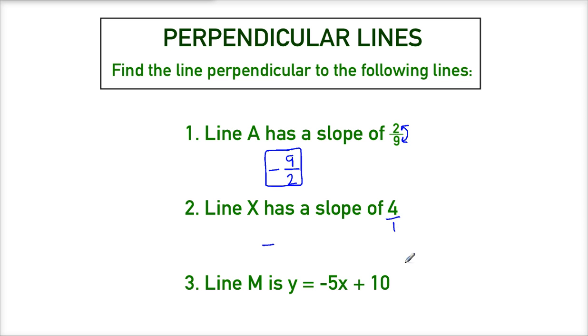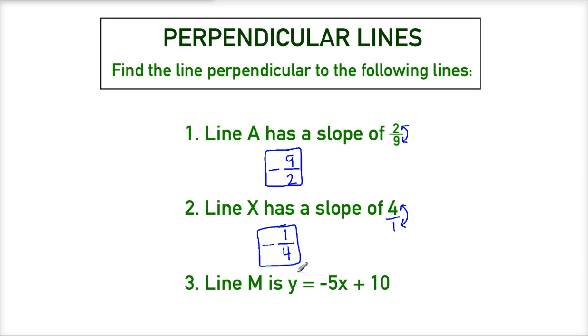I write it over 1, right? 4/1 doesn't change the value, it just makes it look like a fraction. So if I want to find the reciprocal of this, I flip the 1 and the 4. So it now becomes -1/4. So the slope -1/4 is perpendicular to the slope of 4.